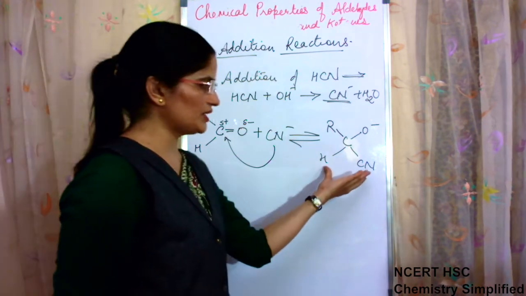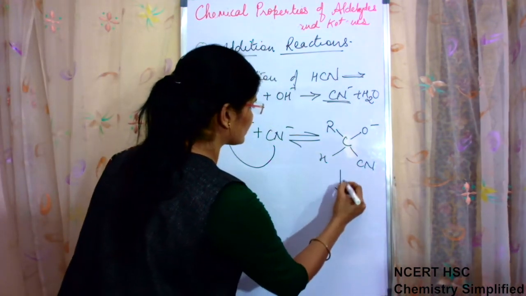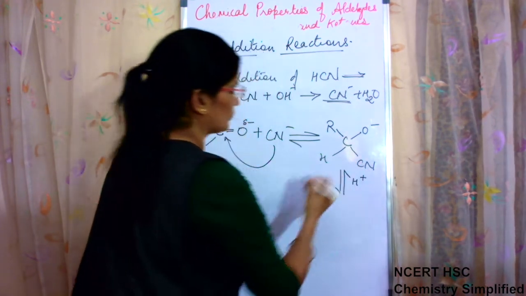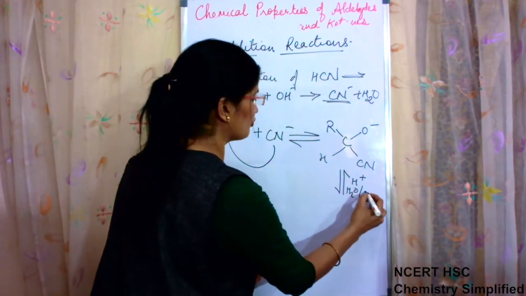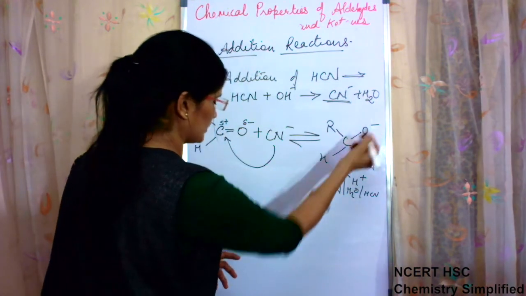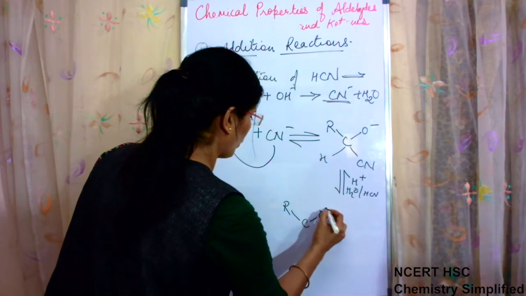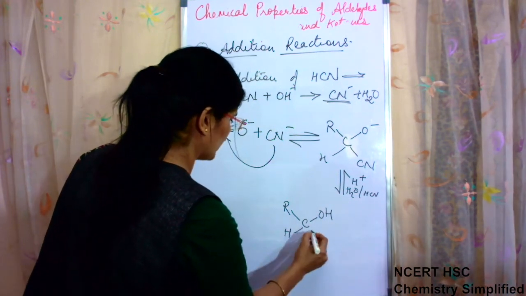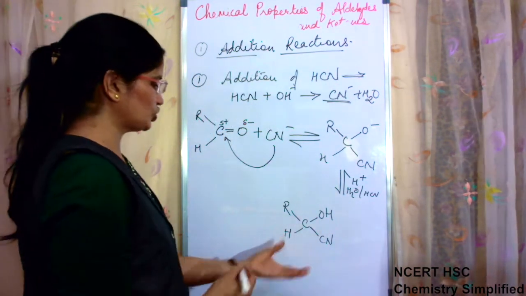This is the intermediate formed. In the next step, H positive, maybe from water, maybe from HCN, attacks here, giving R, C, O, H, H and CN. This is the final addition product.